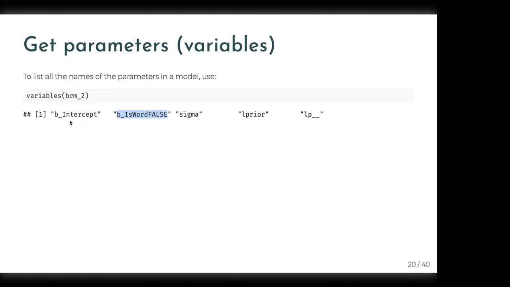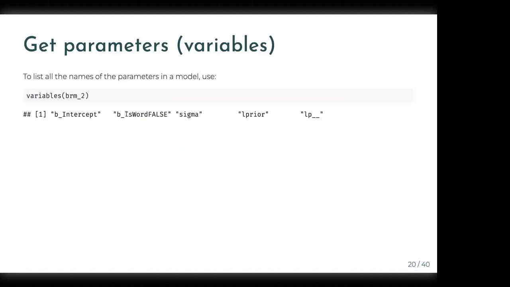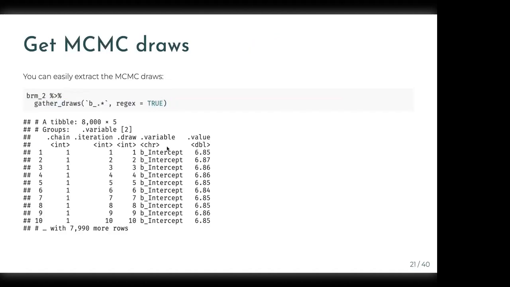Otherwise, again, it doesn't really matter. You get the values that were picked during the MCMC chains by using the gather draws function. Now you just see the intercept here because that's what you get at the beginning of this output, but then there will also be the b underscore is word false.